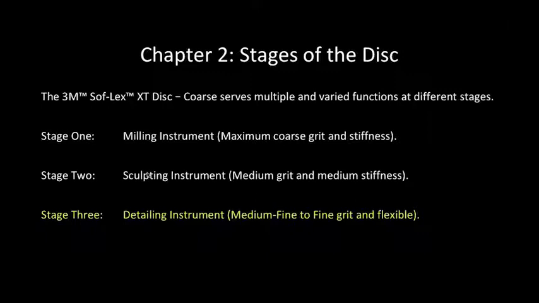So again, people ask me, if I'm wanting a disc at different grits, why not just switch and use the other grits of the discs available in the SofFlex XT kit? Like I said, those other discs are great for other purposes, but for what I'm doing here, as I use the disc the grit becomes more and more fine, but I'm developing flexibility in the disc. And the flexibility is what's important to create contour, to create some roundness in the tooth shapes.